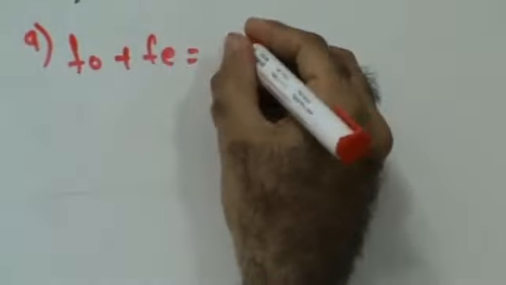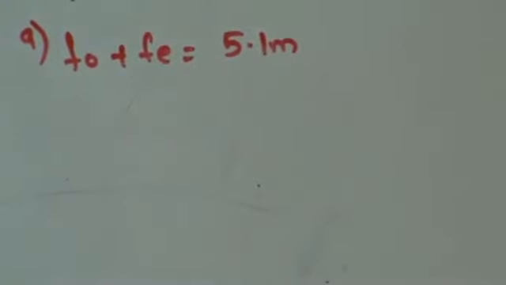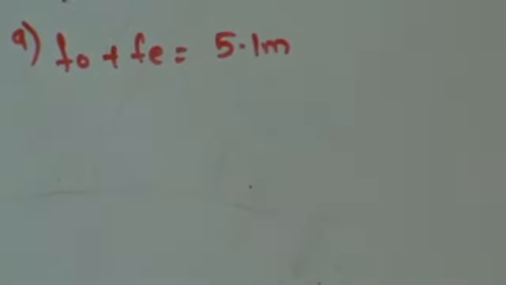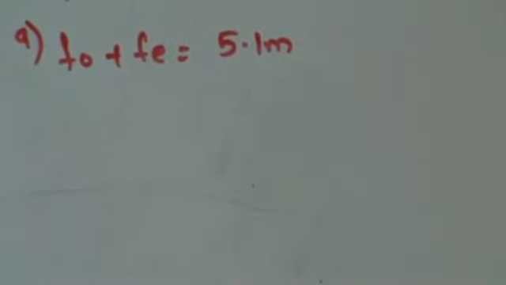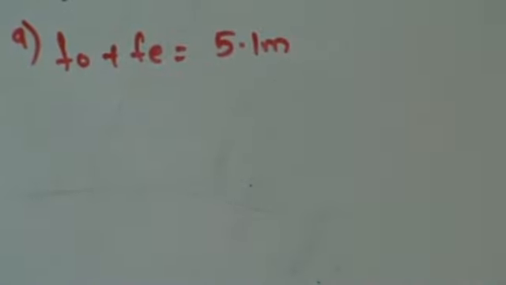The length of an astronomical telescope in normal adjustment is 5.1 meters.